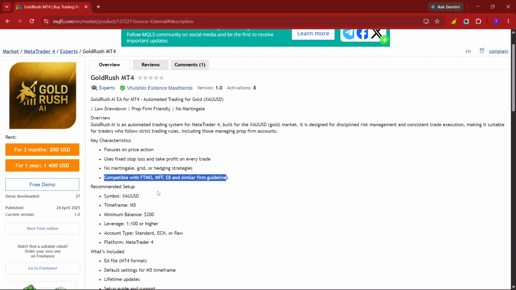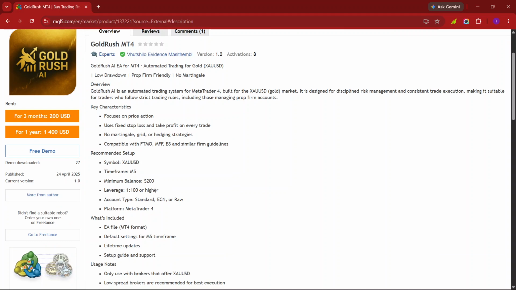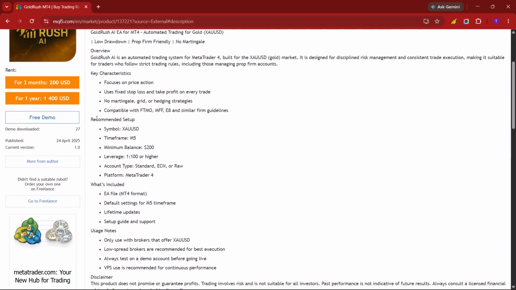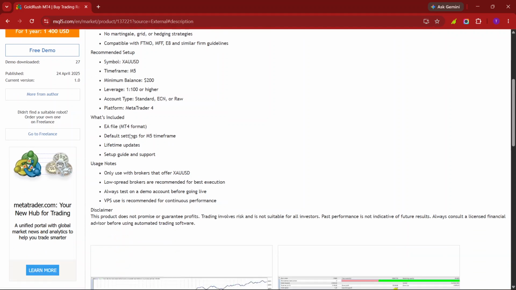It doesn't list a long chain of indicators or complicated multi-time frame filters on the official page. It just says it focuses on price action, plays trades with fixed risk parameters, and keeps things simple and disciplined. As you can see on the page, let's go over to the recommended setup. They recommend running it on gold USD M5 charts. The minimum balance is around $200, leverage of 1 to 100 or higher, and just a standard ECN or raw account.